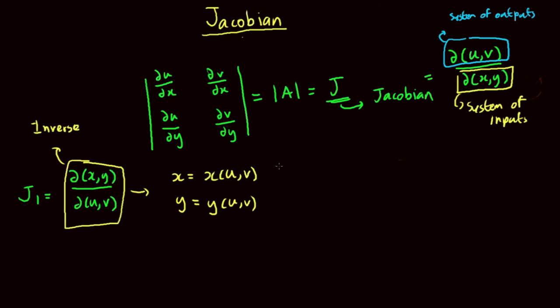They are basically inverted, whether it be x or y, inverted from the original. Remember the original we had u as a function of x and y, v as a function of x and y. So we sort of rearranged it.